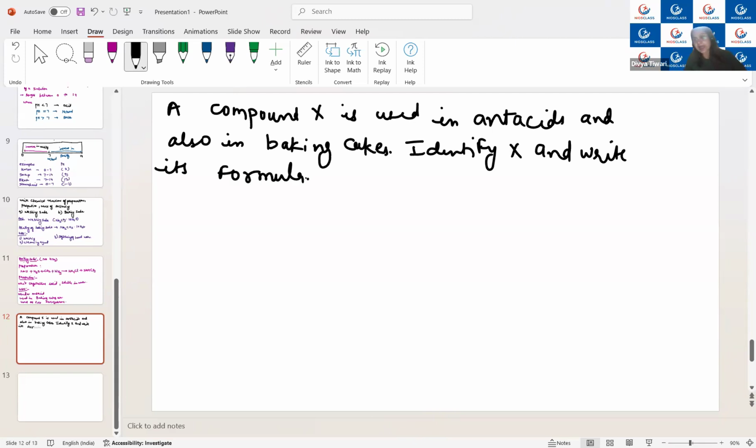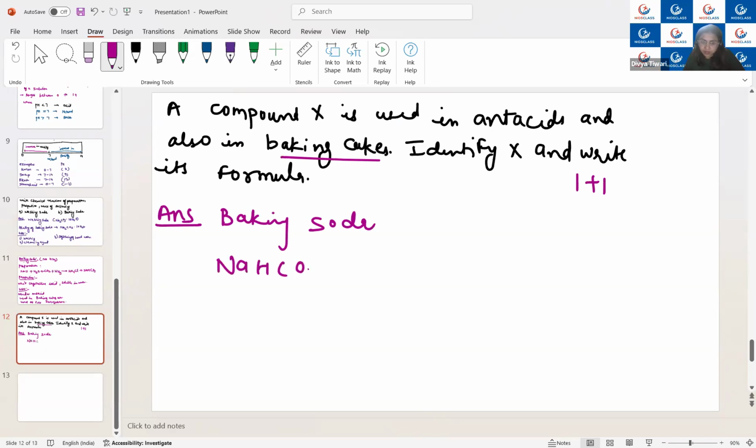In the same question they can ask to write down the properties of this. So similarly you will write according to the marks of the question. Here 1 plus 1 is given. 1 is for identifying the compound and 1 is for writing down the chemical formula. Since the word baking is there, you can easily write it's going to be baking soda. Answer: baking soda, common name, and the formula we have is NaHCO3. Okay, I hope this is clear.